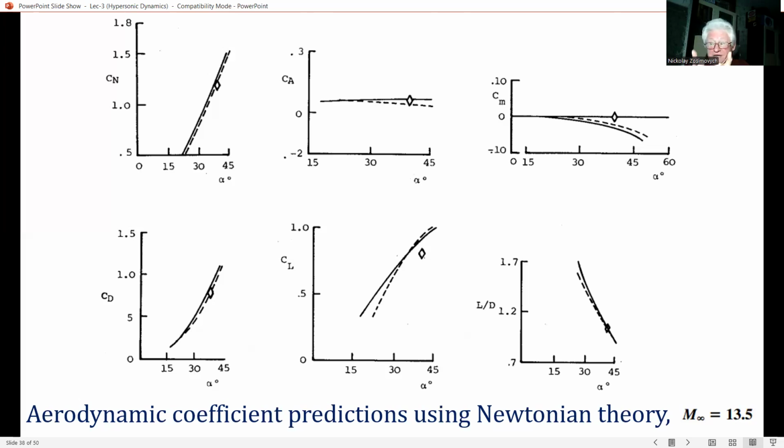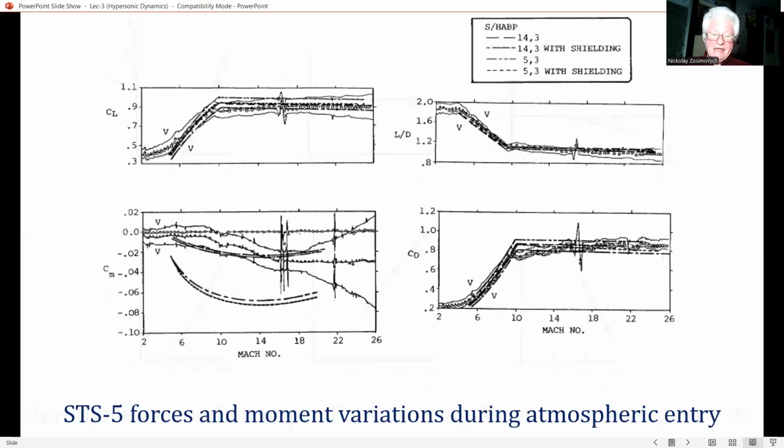So why do we today have so many sources for calculation in hypersonic flow? This statement is reinforced by the data shown in this slide. Here the lift, drag, and moment coefficients, and even the lift to drag ratio for the space shuttle are given as a function of Mach number as the shuttle flies down its entry flight path.